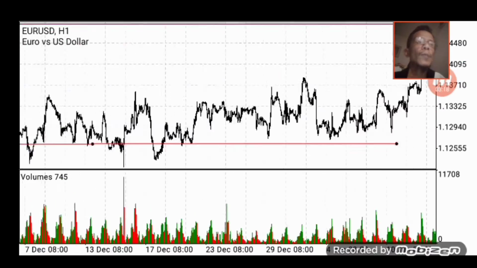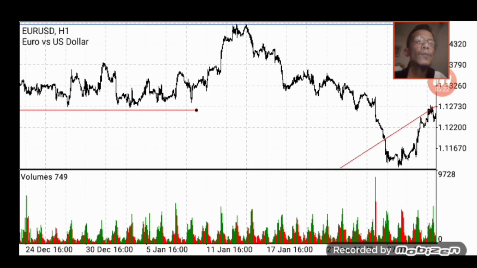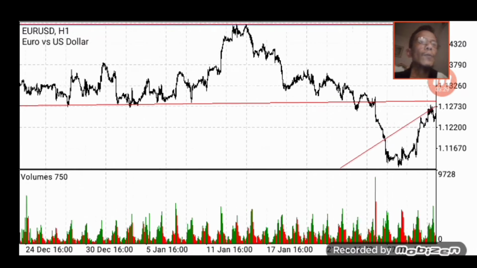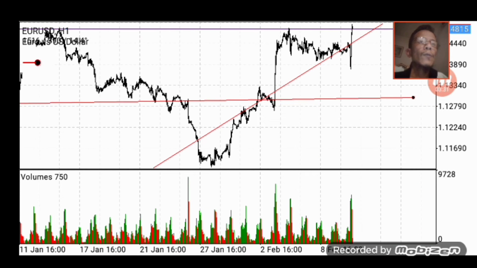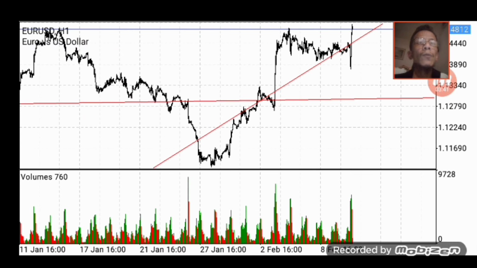So you can draw up the line, right? It's all the way to here. You can draw the resistance, right? So now, up until now on Euro USD, you can see it has broken the resistance.